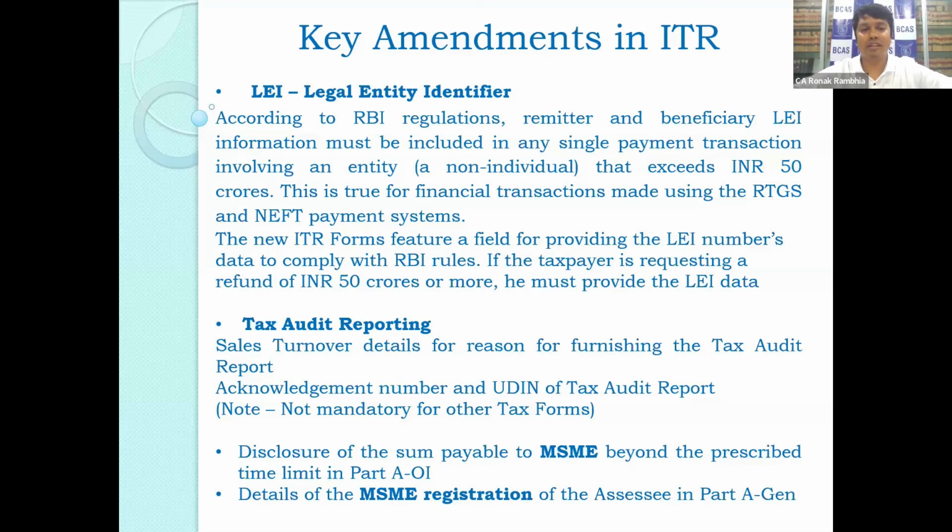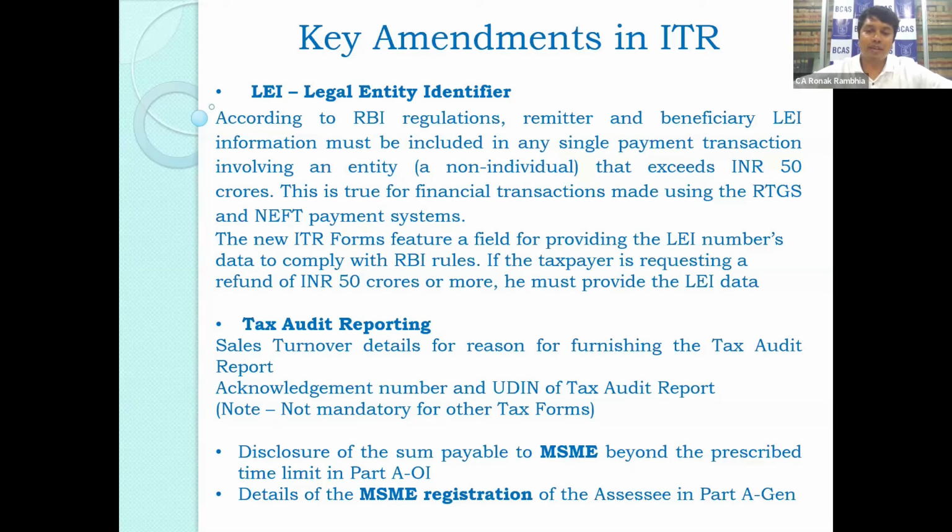So for that reason, you are required to mention the sales turnover detail, the acknowledgement and the UDIN of the tax audit report. Currently it is only for the tax audit report that you are supposed to mention the UDIN in the income tax return. UDIN for other forms is not mandatory currently in the income tax form.